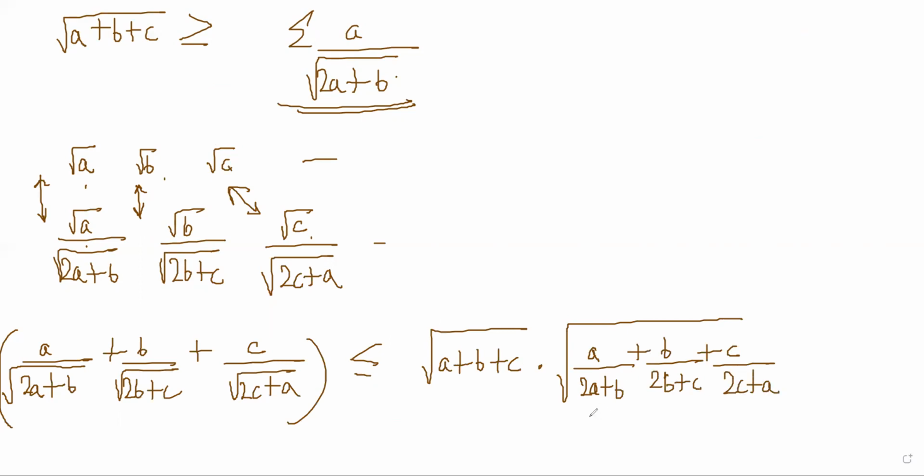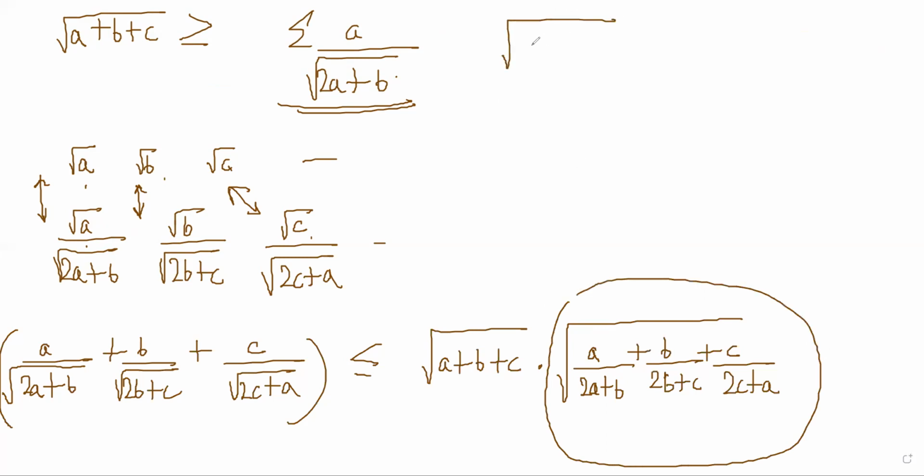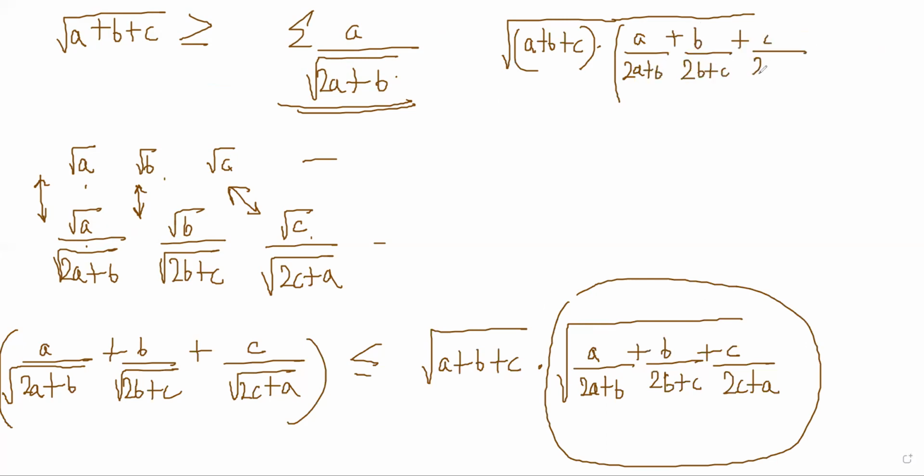So, okay, this is what I'm getting. I have to prove that this is less than or equal to 1, that's all. So I already got a root of a plus b plus c, and I got a by 2a plus b, b by 2b plus c, c by 2c plus a, right?